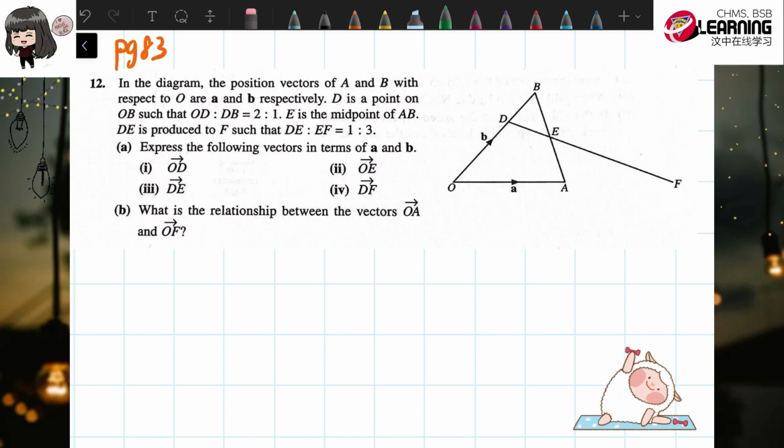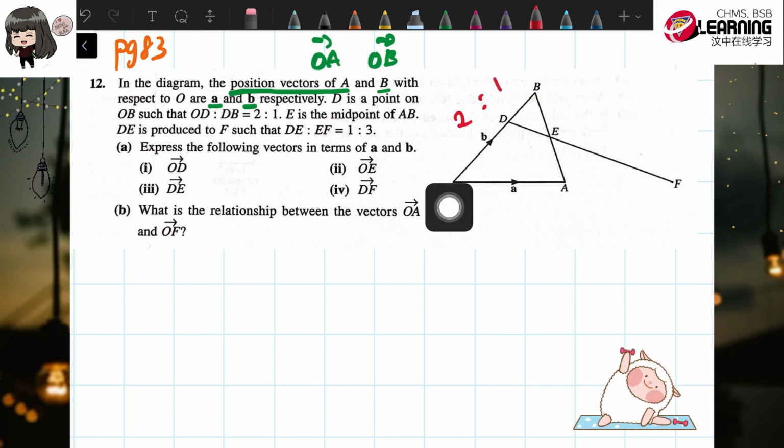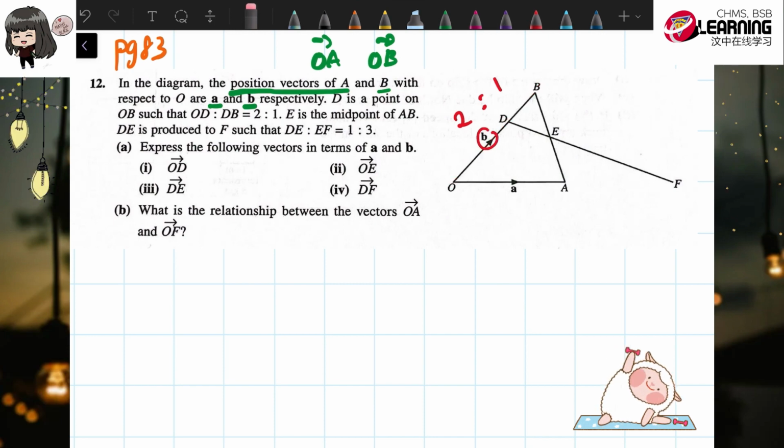I assume you tried on your own already. Now, the position vectors of A, which is OA, and B, OB, are a and b respectively. It's already here. You see, OA is a, OD is d. D is a point on OB such that OD:DB is 2 to 1. So this ratio is 2 to 1. And your b is O to B, not O to D. Don't get it wrong.